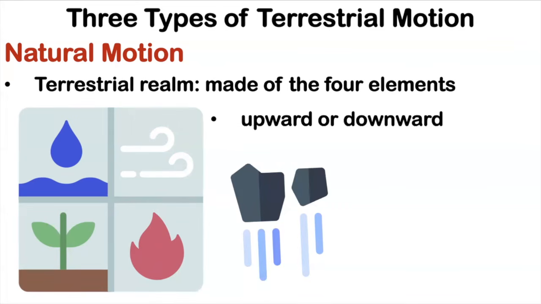On the other hand, the natural state of objects made of air was in the atmosphere. For example, the smoke from a flame would move upward to go back to its natural state, which is the atmosphere. Okay? Again, natural motion.